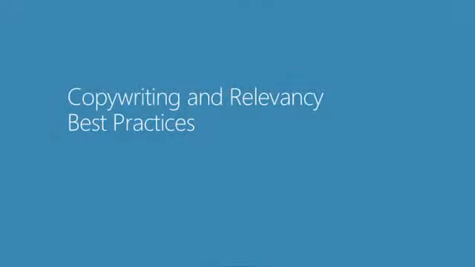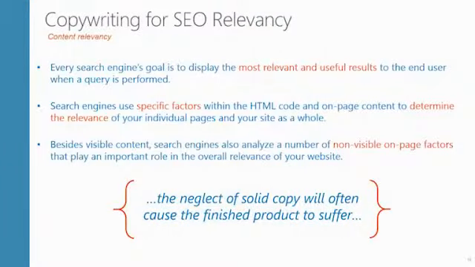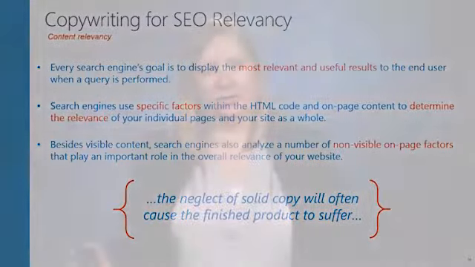From a copywriting and relevancy standpoint, there are also a few best practices for writing with search in mind. The goal of a search engine is to provide the most relevant and useful results. A way to do that is to think about how people search, what keywords you want to hone in on, and to make sure you've got the on-the-page factors behind the scenes so it can be crawled and ranked.